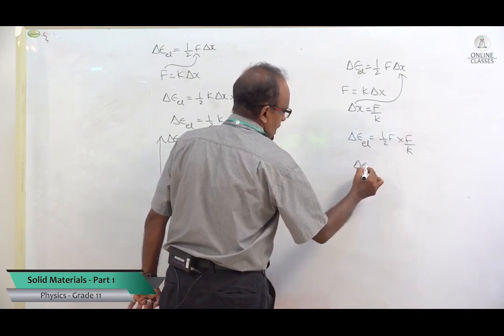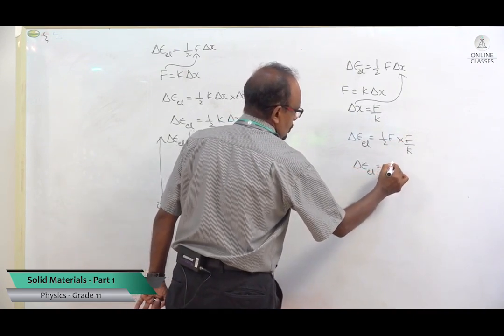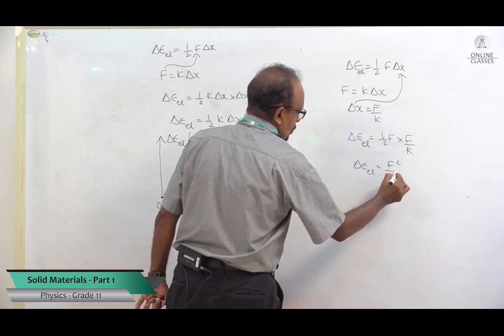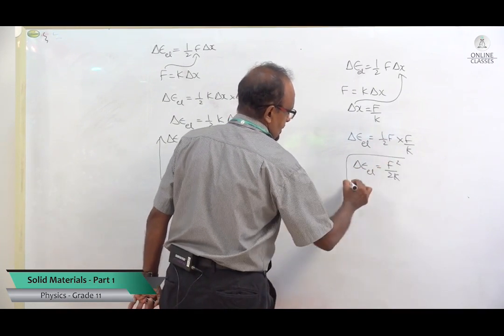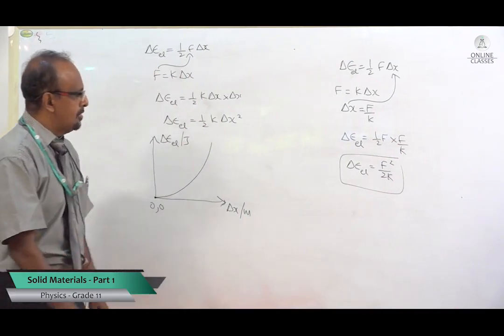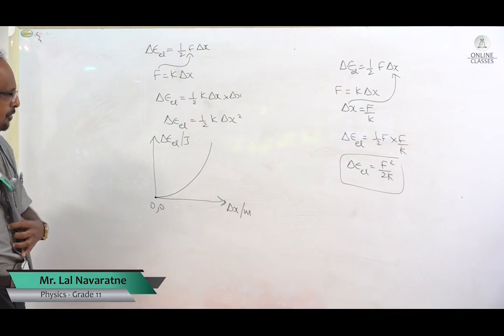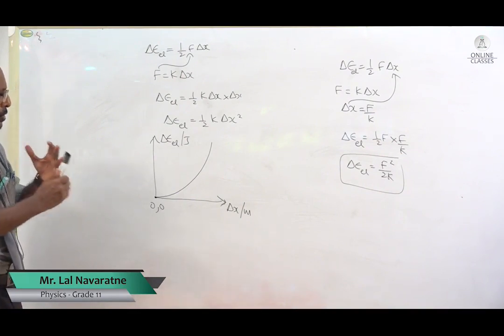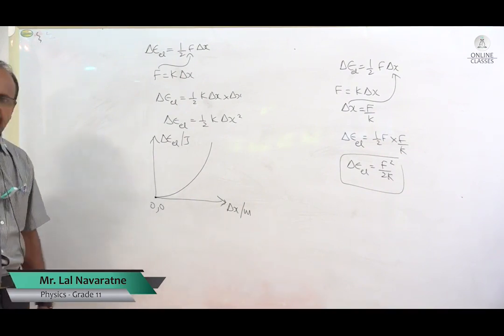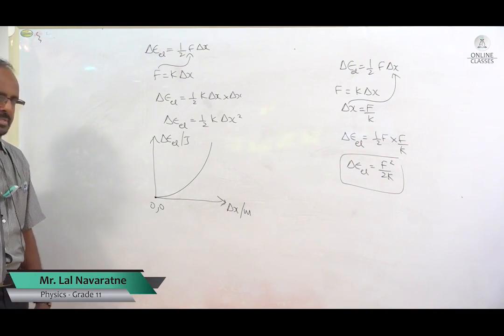So delta E elastic will be equal to F squared over 2k. This equation is not given in the formula sheet. If they give the spring constant and F, you can work out the elastic strain energy using this equation.